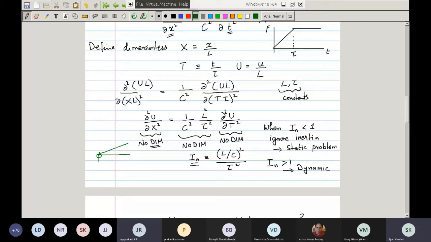So how do you get this phenomenon? You start pulling this end, a wave travels, and there are multiple reflections happening up and down. So what this inertia number is telling us is how many reflections are happening compared to the load application time.